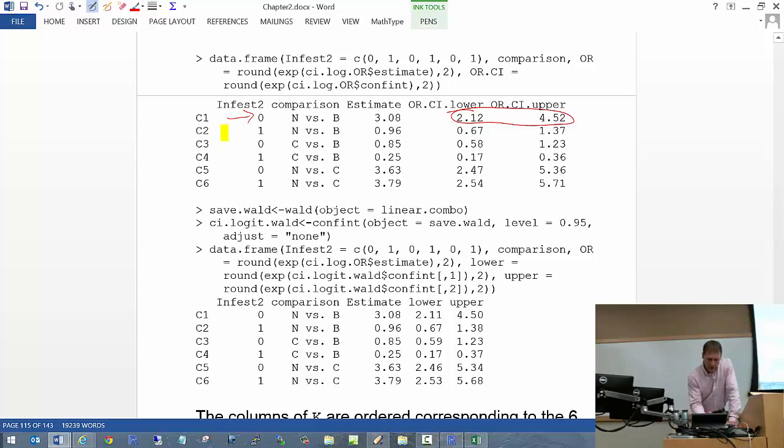But then when I go to infest2 equal 1, my odds ratio confidence interval contains 1. So notice that the effect that we have here of this control qualitative variable changes over the levels of the infestation method. That's basically the definition of what an interaction does. And we see this here.